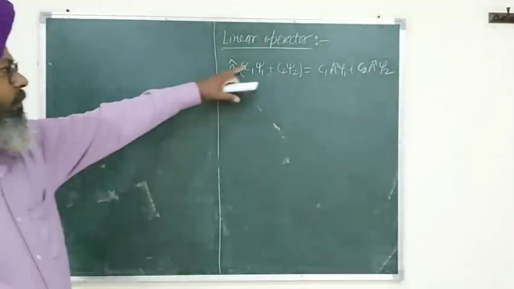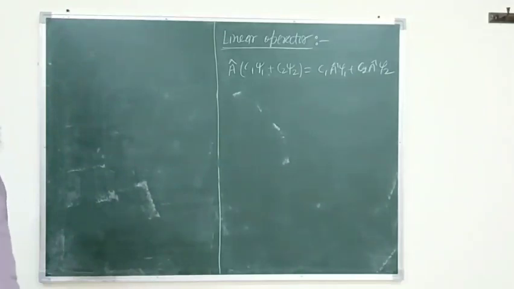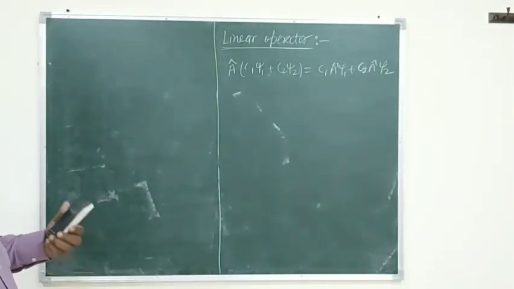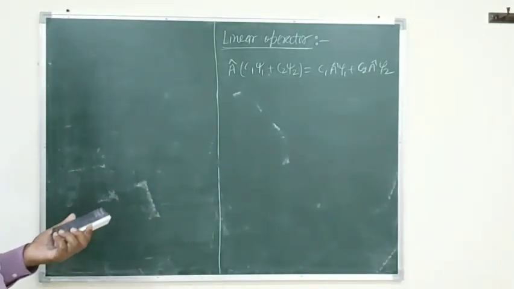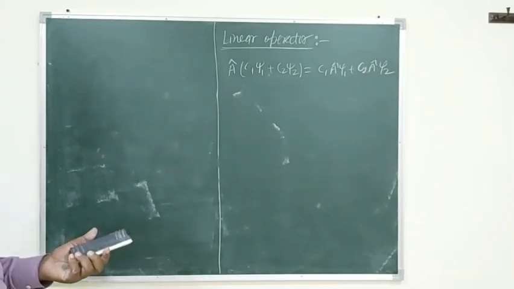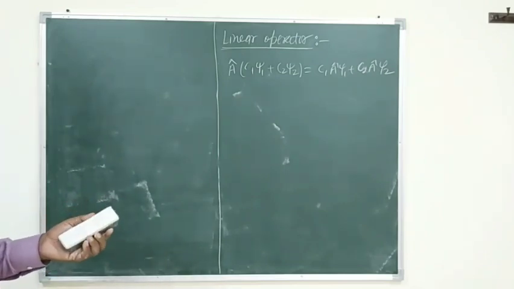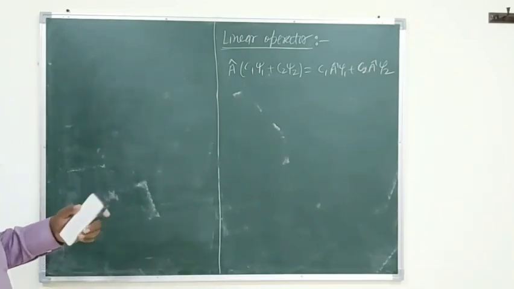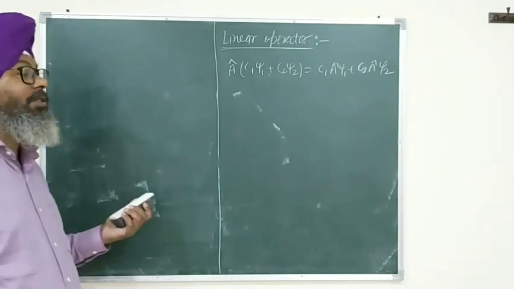Now where C1 and C2 are some constants on which operator A is not active. Initially, when I gave the starting operator, that was square root.